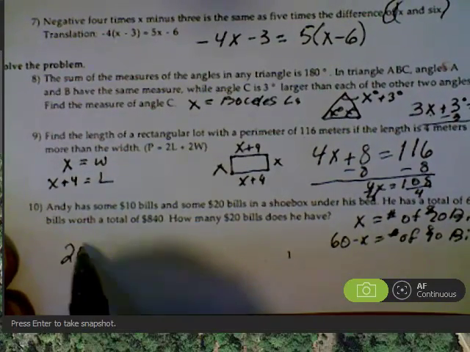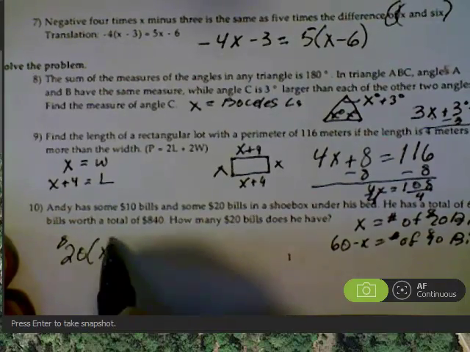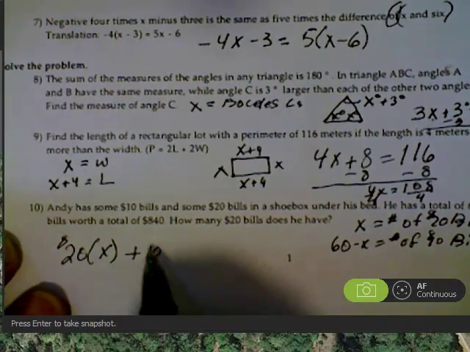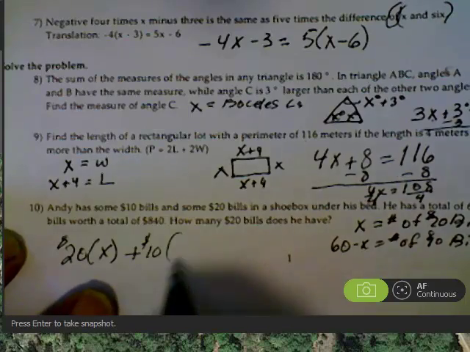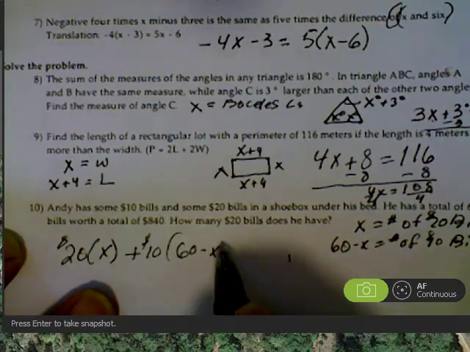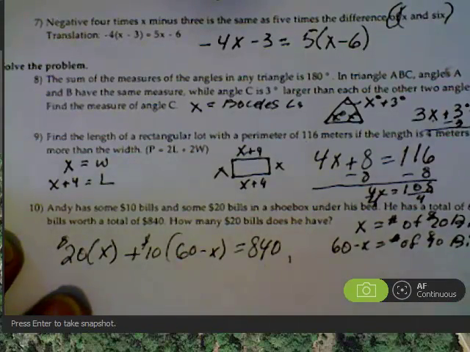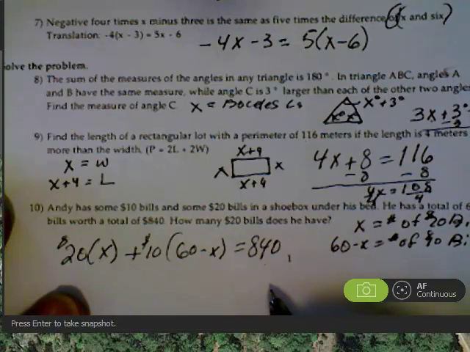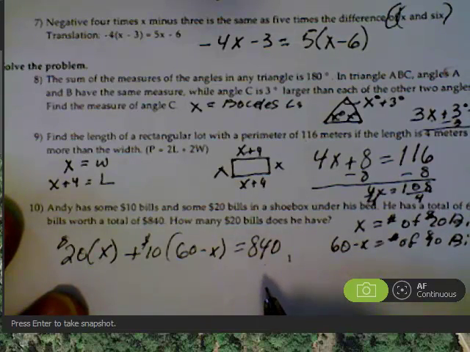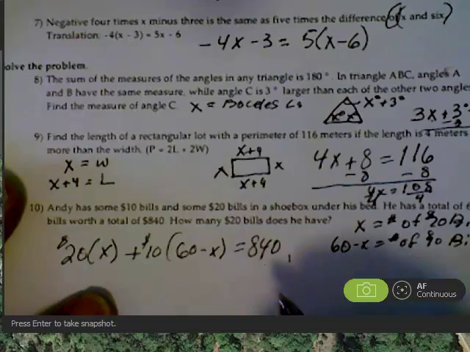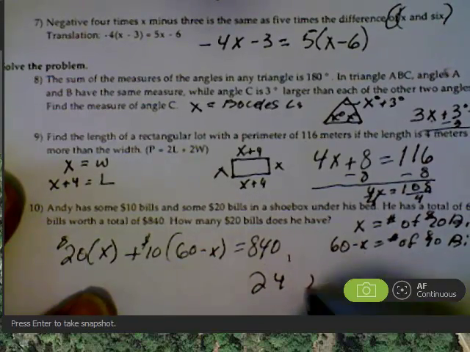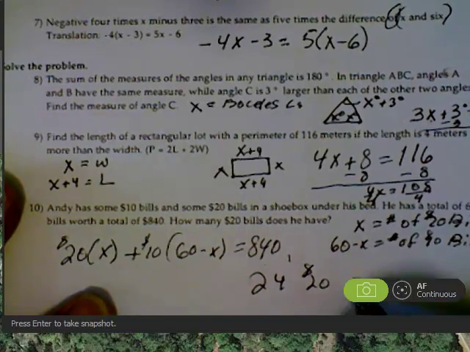So $20 times X bills plus $10 times 60 minus X bills must equal $840. We distribute through and find that Andy has 24 $20 bills.